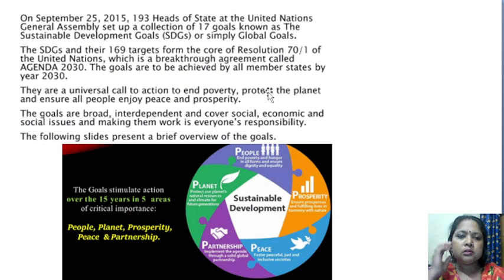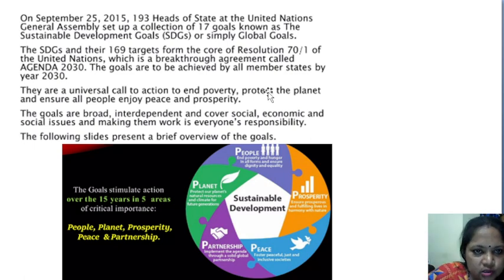So, the Sustainable Development Goals and their 169 targets form the core of a resolution of the United Nations, which is a breakthrough agreement called Agenda 2030. So, this document or sustainable goals is also known as Agenda 2030. The goals are to be achieved by all member states by the year 2030.